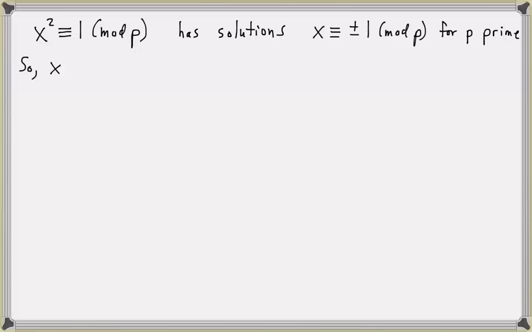So x is its own inverse mod p because x times x is congruent to 1 mod p.